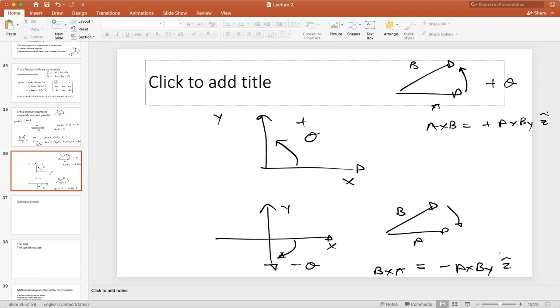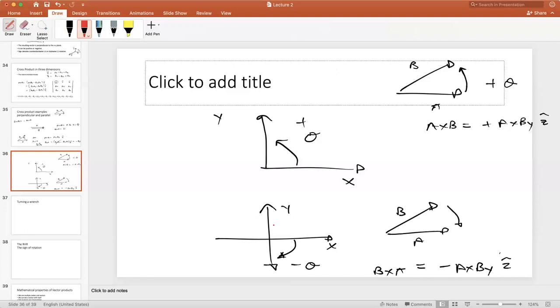If you stick your hand out and point your thumb at your screen, the fingers of your right hand curl in the negative direction, that's negative rotation. Because we're in a right hand coordinate system, this is the same as negative Z hat. The other is the same as positive Z hat, positive Z.